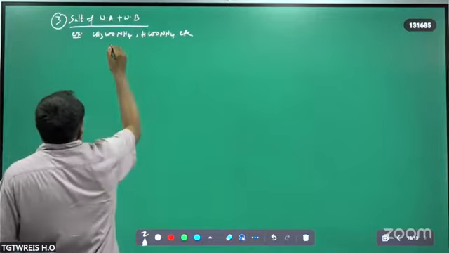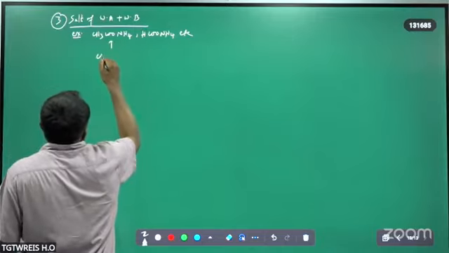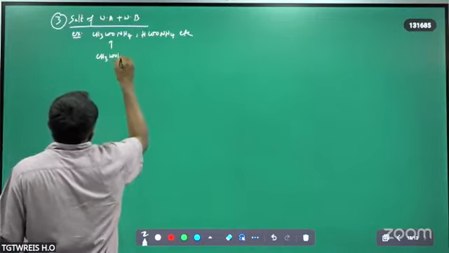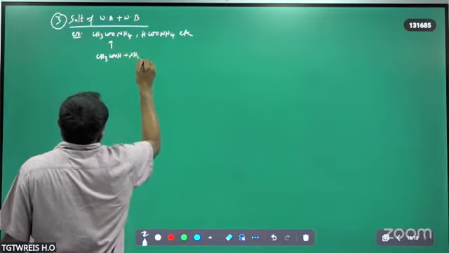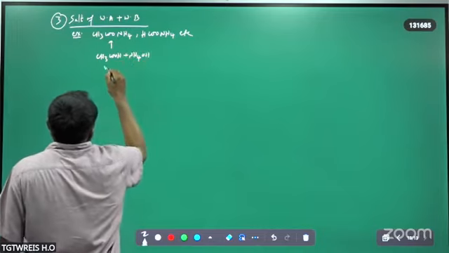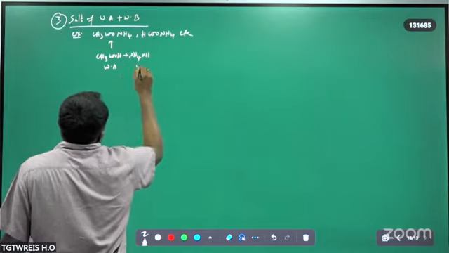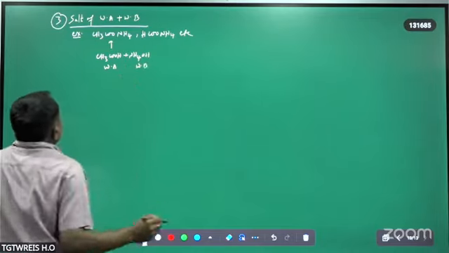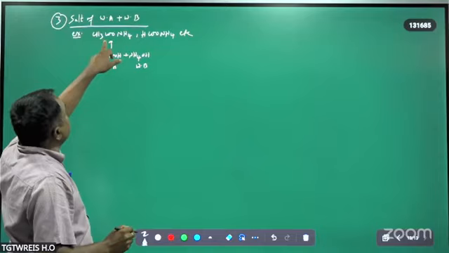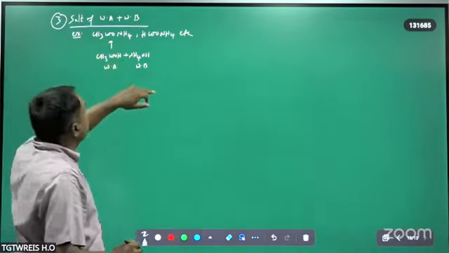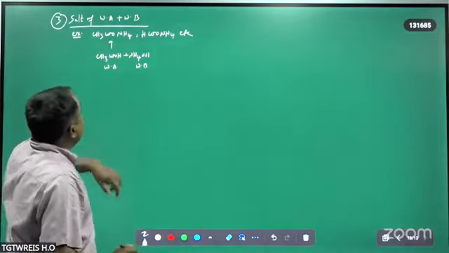This can be obtained from CH3COOH plus NH4OH. CH3COOH is the weak acid, NH4OH is the weak base. By mixing them, you will get CH3COO NH4. So it is a salt of weak acid and weak base.